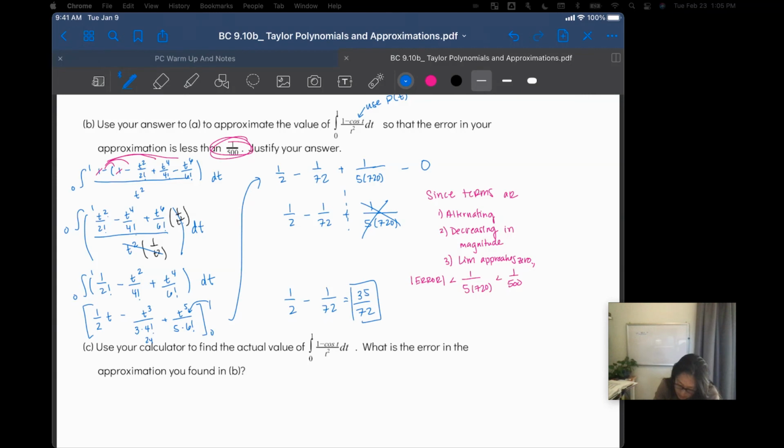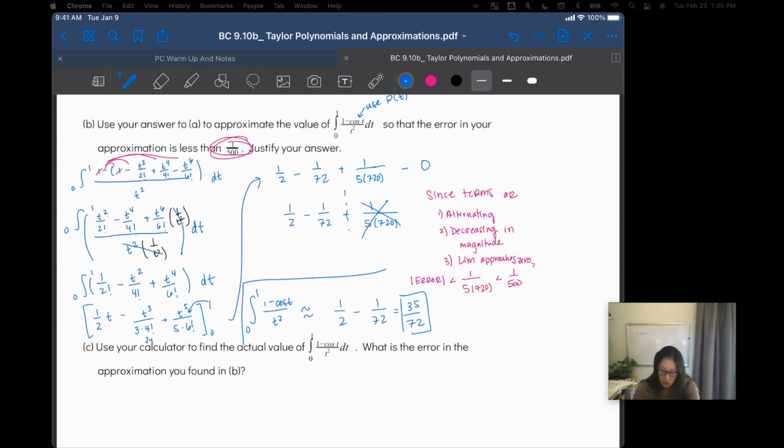So I can say that the integral from 0 to 1 of 1 minus the cosine of t over t squared is about equal to 1/2 minus 1 over 72. And that value, when we add it together, is 35 over 72. And there is a small error. It's an approximation, but it's pretty stinking close.